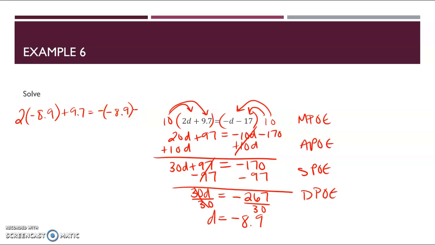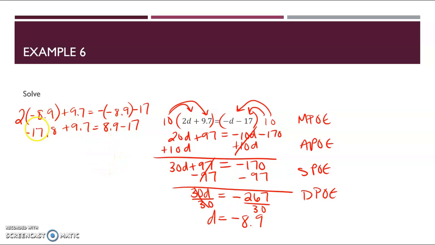8.9 minus 17. All right, so I'm going to do my multiplication. 2 times a negative 8.9 is going to be a negative 17.8 plus our 9.7. Now, when we do a negative times a negative, that's a positive, even if there's not a number there. Remember, it's an invisible 1. Negative 1 times a negative 8.9 gives us a positive 8.9 minus 17.